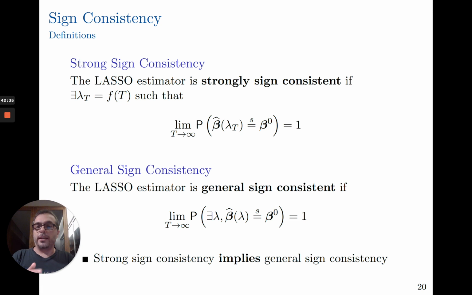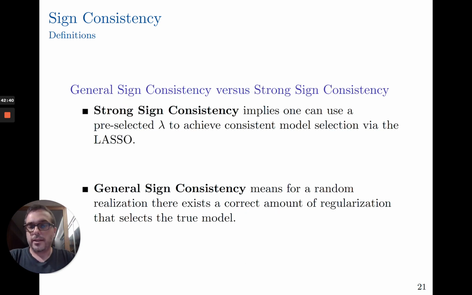So strong sign consistency implies general sign consistency, and basically the strong version implies one can use a pre-selected lambda to achieve consistent model selection, and the general alternative says that for a random realization there exists the correct amount of regularization that will deliver the true model.